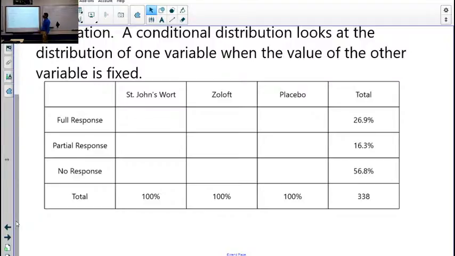Out of everyone who took the placebo, we're going to figure out what are the percentages of people who had full response, partial response, or no response. So this is slightly different than just keeping count. It's turning that into percentages.